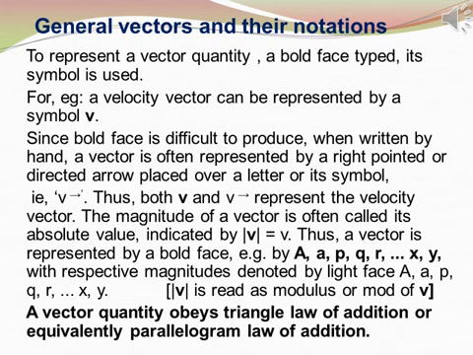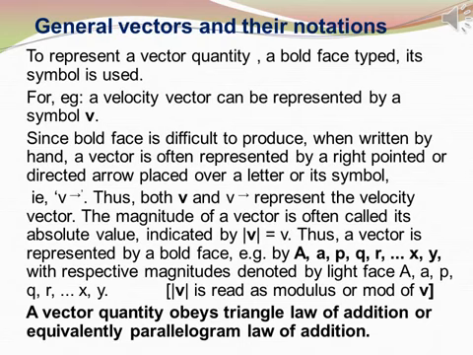The magnitude of a vector is often called its absolute value, which is indicated by the modulus of vector V, which is equal to V. Thus, a vector is represented by a boldface.